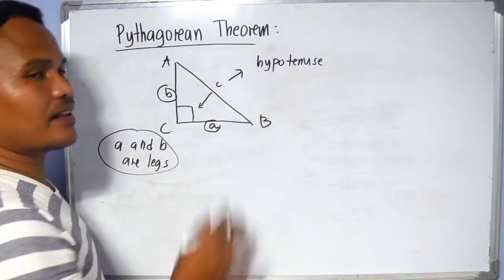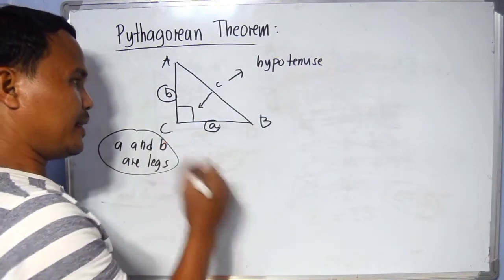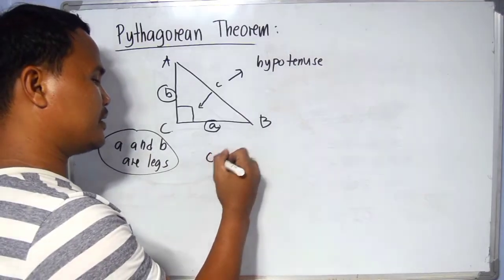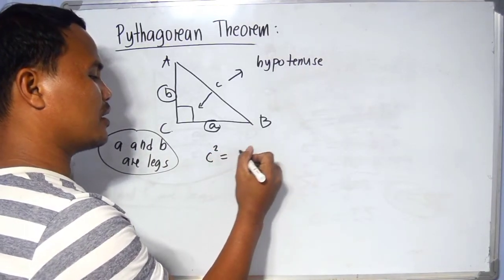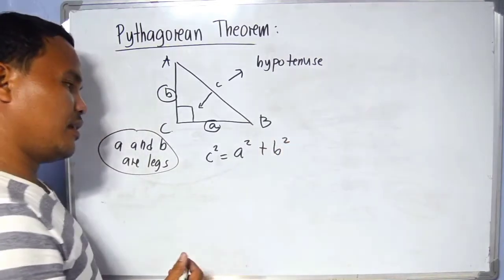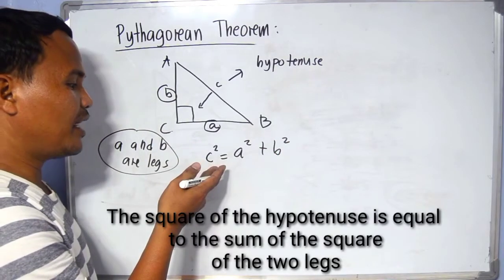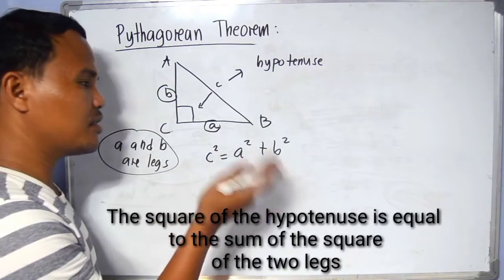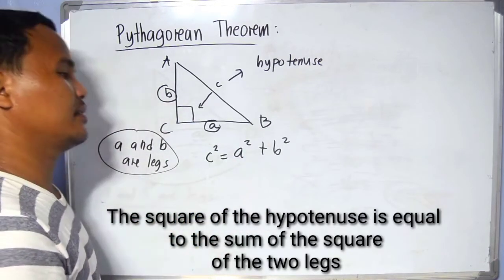Now, what is the Pythagorean theorem formula? c squared equals a squared plus b squared. The square of the hypotenuse is equal to the sum of the squares of the two legs.